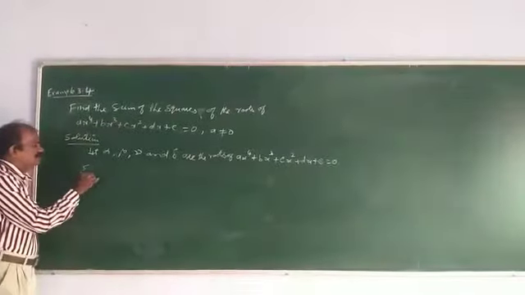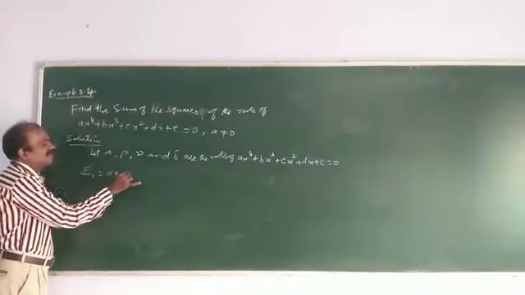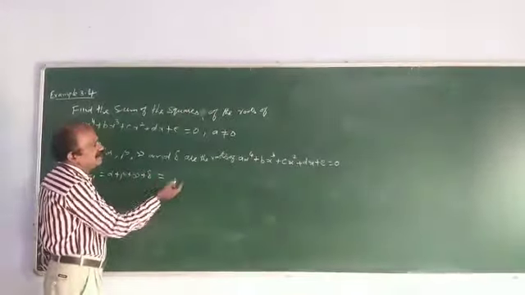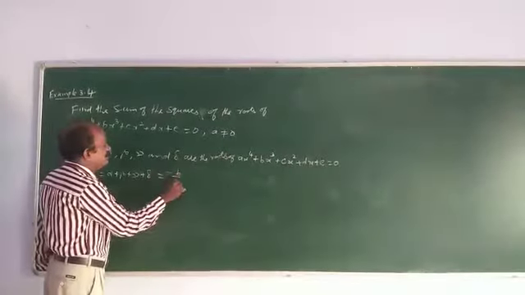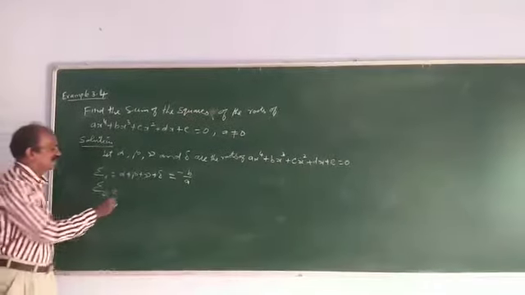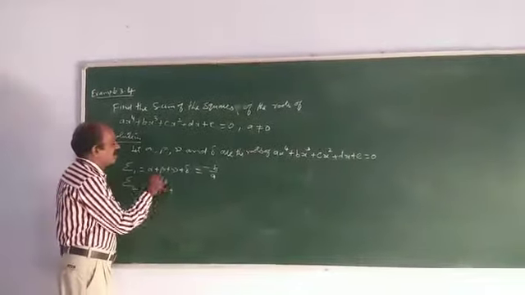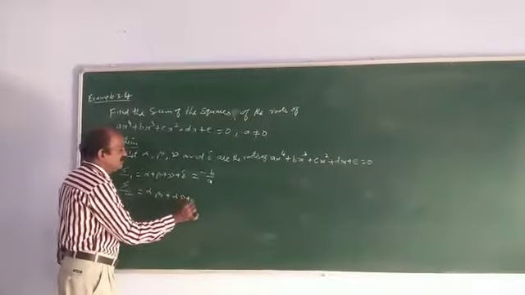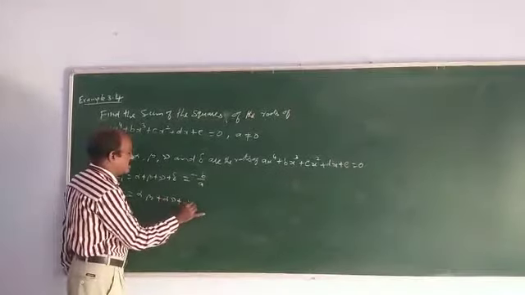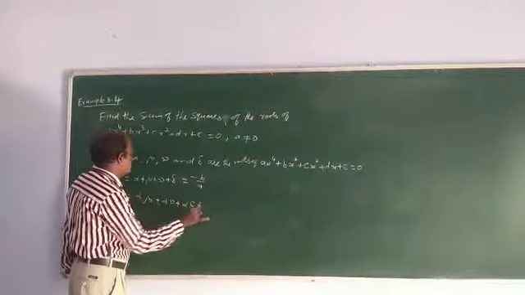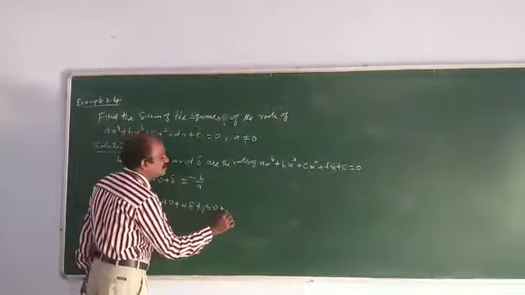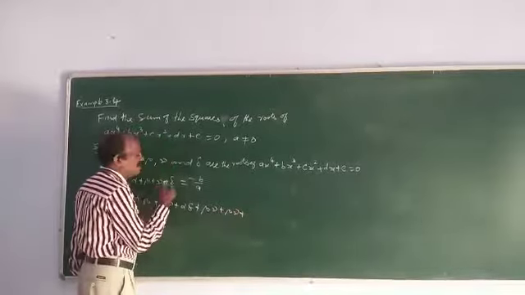Sigma 1, sum of the roots, alpha plus beta plus gamma plus delta equal to the formula minus b by a. Sigma 2, sum of product of two roots, that is alpha beta plus alpha gamma plus alpha delta plus beta gamma plus beta delta plus gamma delta.